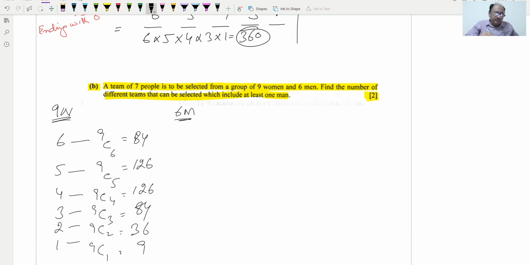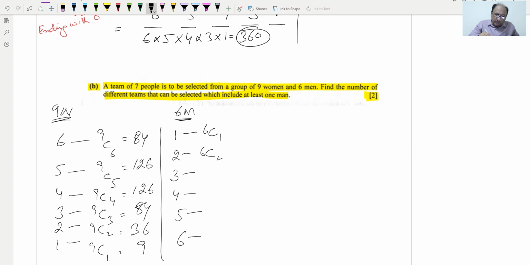Now similarly we can consider out of 6 men, one is compulsory, so 1, 2, 3, 4, 5 and 6 men can be there. So we can write in this format. It will be 6C1, 6C2, 6C3, 6C4, 6C5, and 6C6. So 6C6 is 1 and 6C1 is 6.